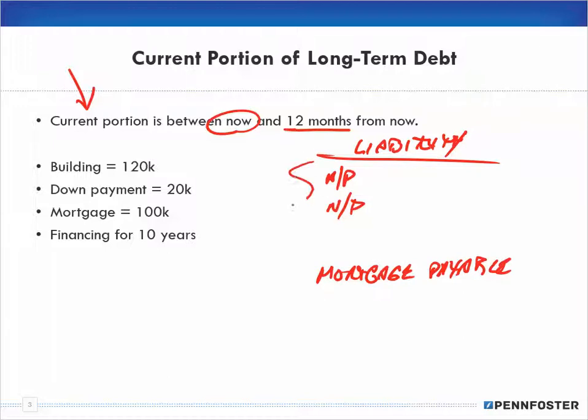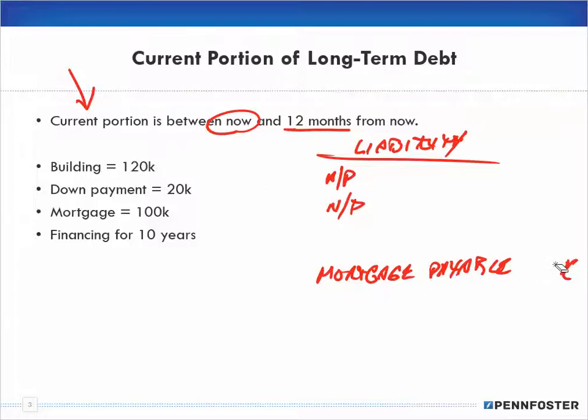Now, these are going to be general ledger accounts, and the balances in those accounts are going to be whatever they are. So for our mortgage payable, when I buy this building and make the journal entry, I'm going to have a mortgage payable for 100,000.